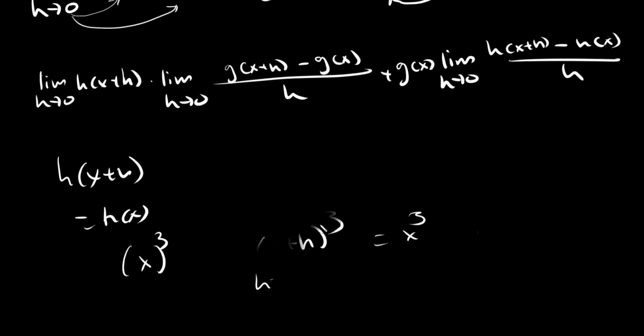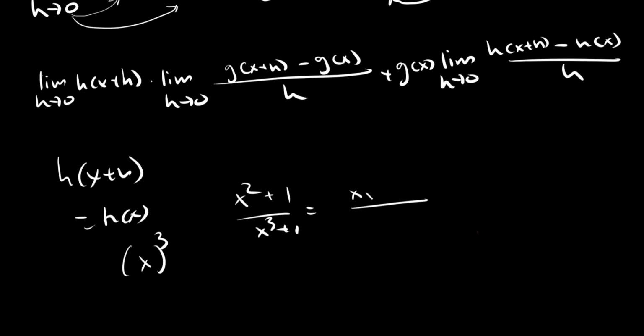How about a rational function? Like x to the power of 2 plus 1 divided by x to the power of 3 plus 1. So plugging in h right here: x plus h to the power of 2 plus 1, and x plus h to the power of 3 plus 1. Let's take like minus 1 here, just to get something, right?